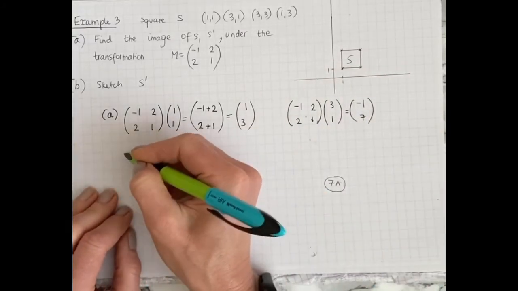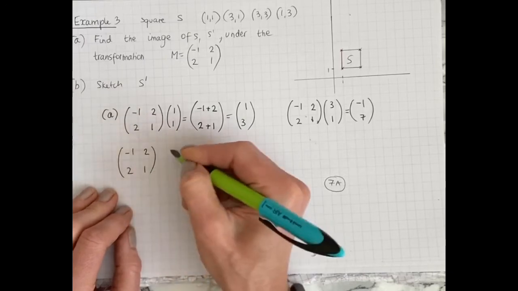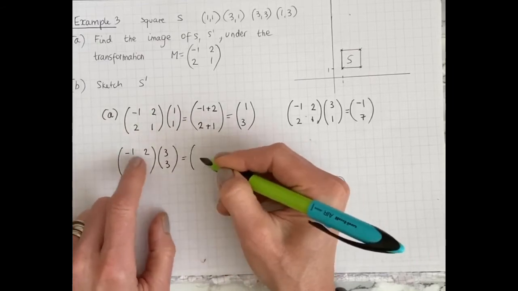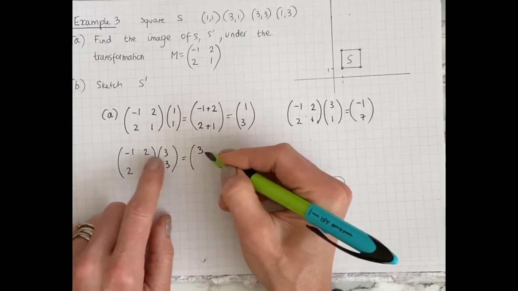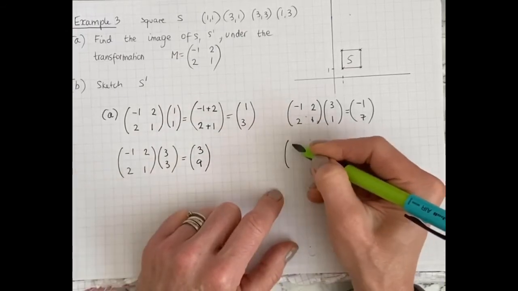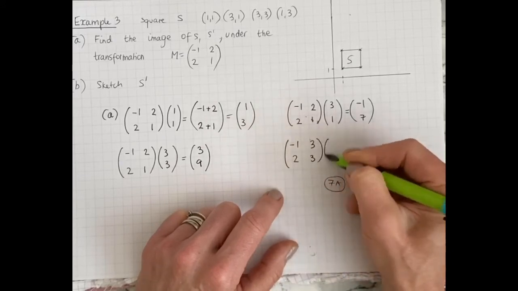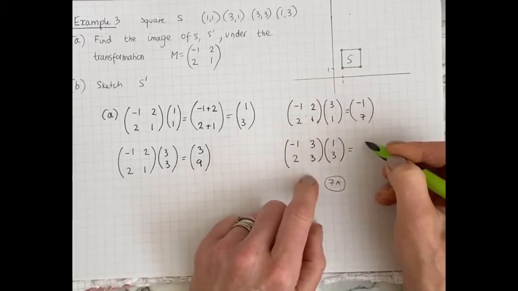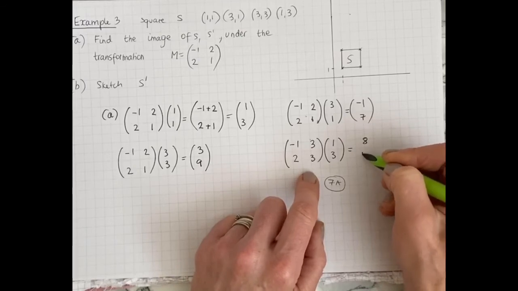And then the next one, minus 1, 2, 2, 1, multiplied by 3, 3. So you're going to get minus 3 plus 6, which is 3, and then 6 plus 3, which is 9. And then finally minus 1, 2, 2, 1, multiplied by 3, 1, 3. So you're going to get minus 1 plus 9, which is 8, 2 plus 9, which is 11.